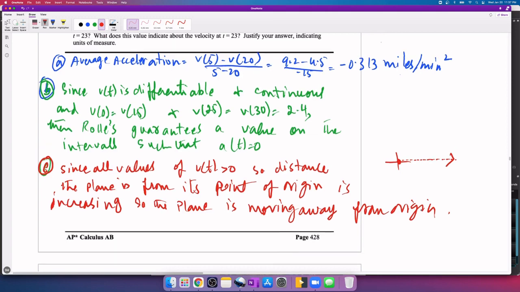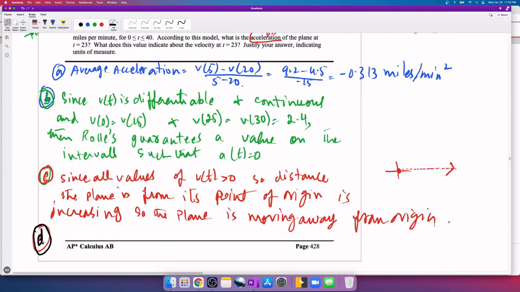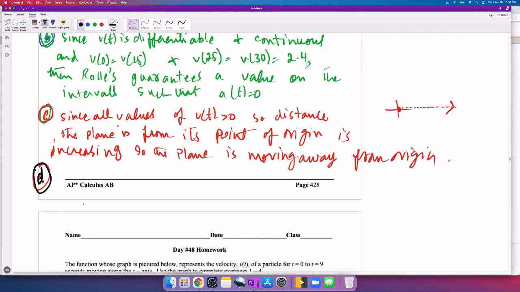According to part D, the function f defined by f of t equals 6 plus cosine t over t plus 3 sine 7t over 40 is used to model the velocity of the plane. So technically, this f is the velocity function. Since they are asking for acceleration, I have to just take a derivative of this, and it's calculator based.